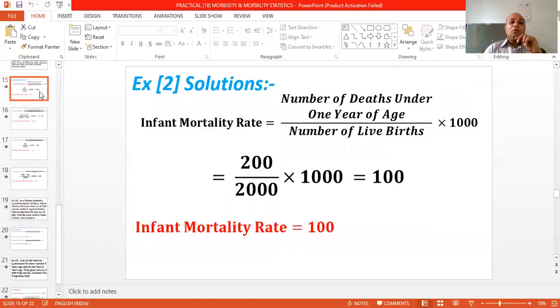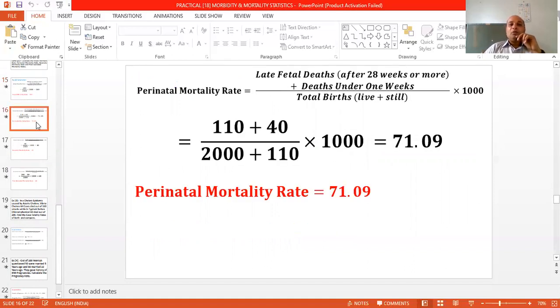Solution. Infant mortality rate is equal to number of deaths under 1 year of age upon number of live births into 1000. Then infant mortality is 100. Then perinatal mortality is equal to late fetal deaths after 28 weeks or more plus deaths under 1 week upon total live births plus stillbirths into 1000. The perinatal mortality is 71.09.